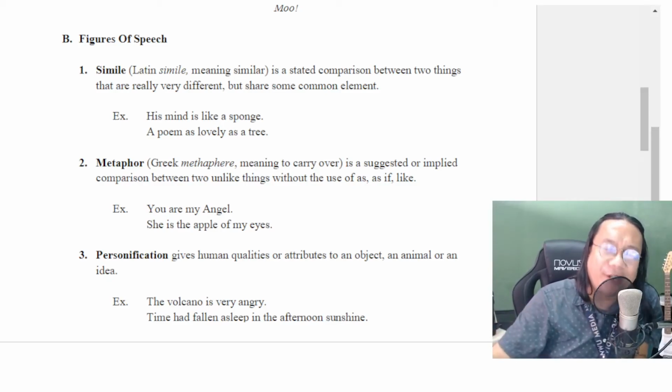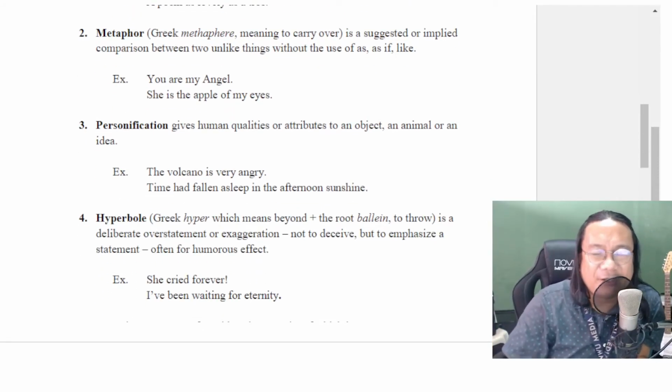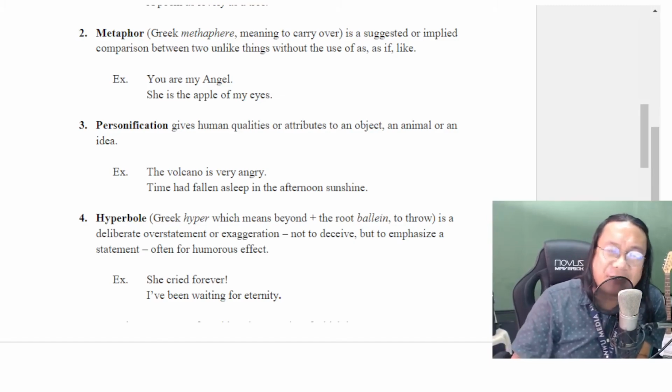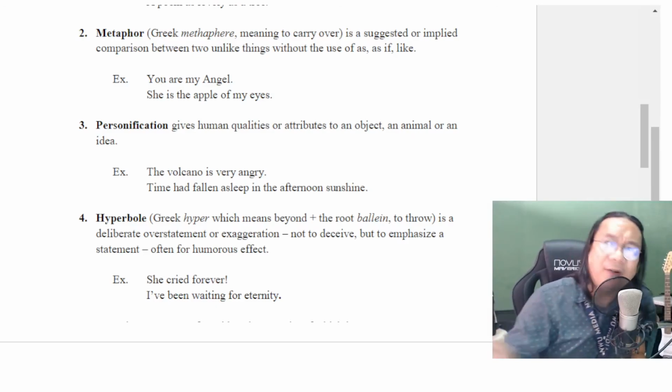Now we move on to the third figure of speech that we are discussing right now. This is personification naman. When we say personification, you are giving human qualities to an inanimate object or even an animal or an idea, no? For example, galit na galit yung bagyo.